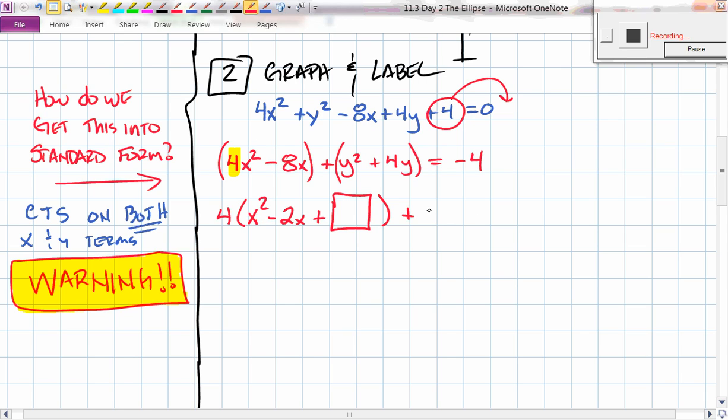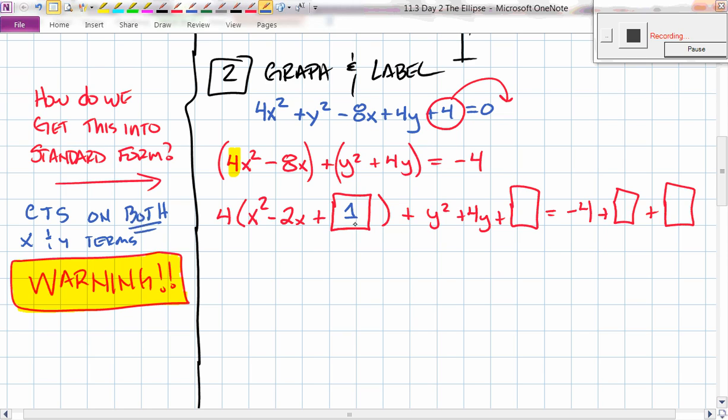So then I'm going to have y squared plus 4y plus the second magic number equals, on the other side, negative 4 plus the first magic number plus the second magic number. That's the setup. Lots going on there, but it's actually really clean. Okay? All right, someone tell me, what is the first magic number on the x term that completes that square? 1. Yeah, half of negative 2 is negative 1, squared is 1.